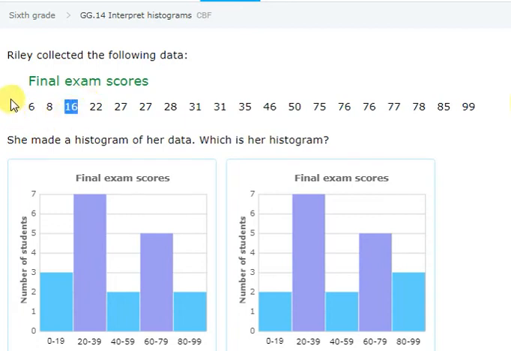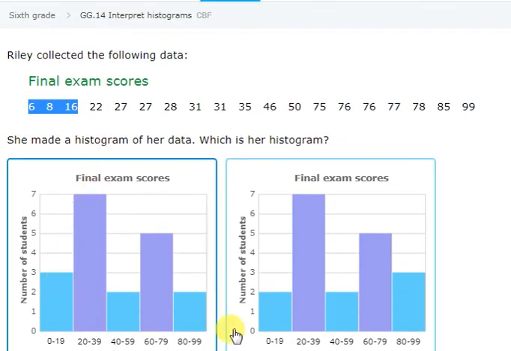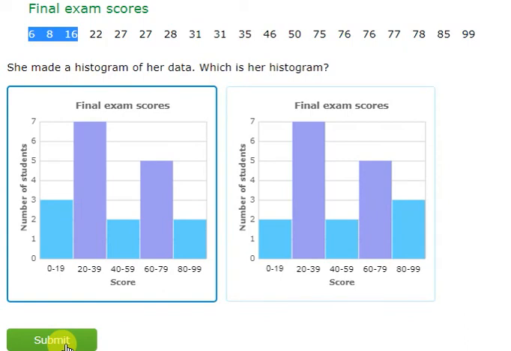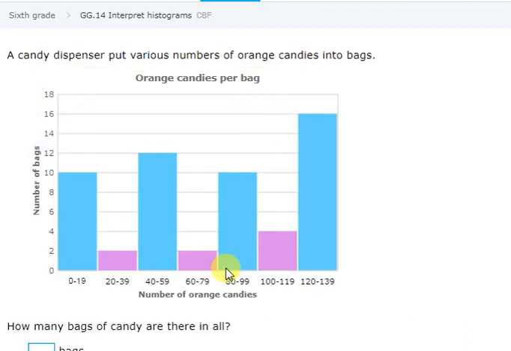So there are 3 students who had a score between 0 and 19. That means this histogram is right, because it is saying 3, and we have 3 such cases. So this is the right answer. Excellent.